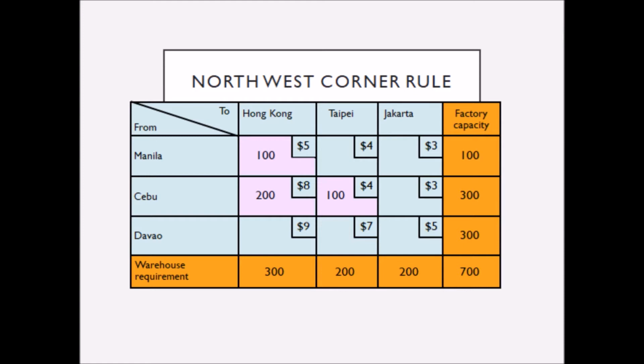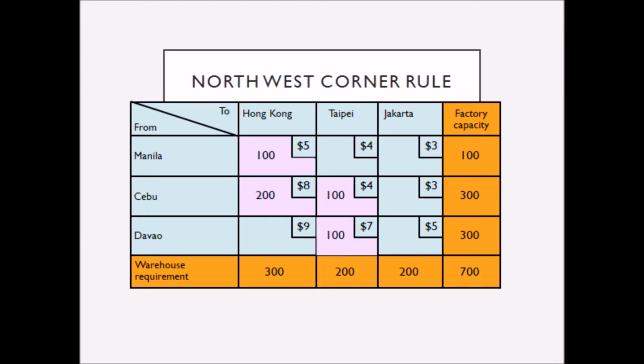However, Taipei's demand has not yet been met. So where will we get the source? We will now get it from Davao, since Davao is the only source that can provide it. Looking at our supply and demand, Davao still has a supply of 300. However, Taipei only needs 100 units. Therefore, we just place the 100 units in the box between Davao and Taipei, which meets the demand for Taipei.